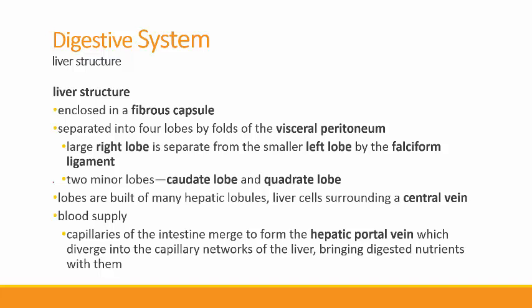The lobes are built of structures called hepatic lobules. These are liver cells that all surround a central vein.